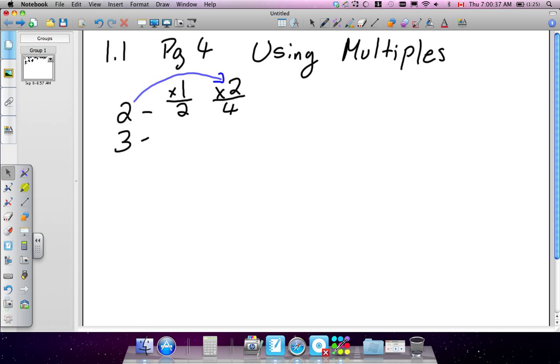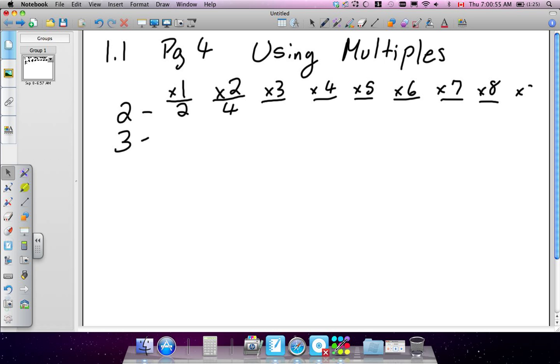Then I continue on that route. The next one we'd multiply by is 3, and then 4, and then 5, 6, 7, 8, and I'll go up to 9. And that can go on forever, so I'm just going to list them to 9 for now.